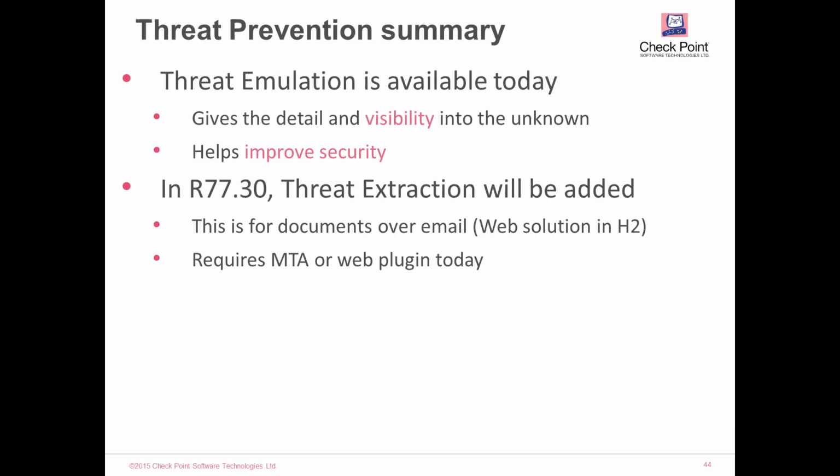But because we need to completely intercept the file over email, we have to have an MTA, a mail transport agent. So we have to intercept the email, stop, extract, take out the bad elements, or possible bad elements, or active content, and then send it on its way. Its aim is to give you malware-free files very, very quickly.